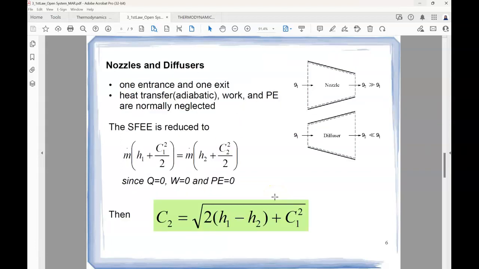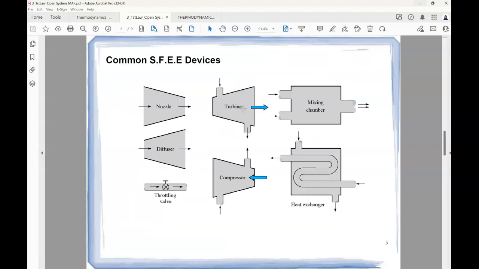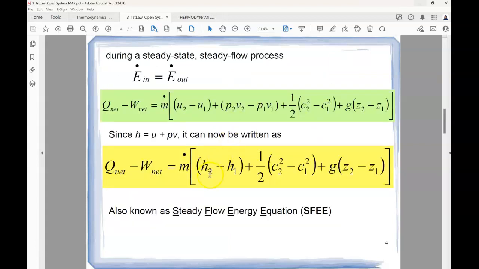But as I mentioned in class, I do not like you to start from here, because some problems might have given a heat value, right? For this equation, it is an adiabatic equation. So the best approach is to make use of this yellow box equation. We are going to make use of this steady flow energy equation, and we are going to cancel out some terms that we are not going to use.